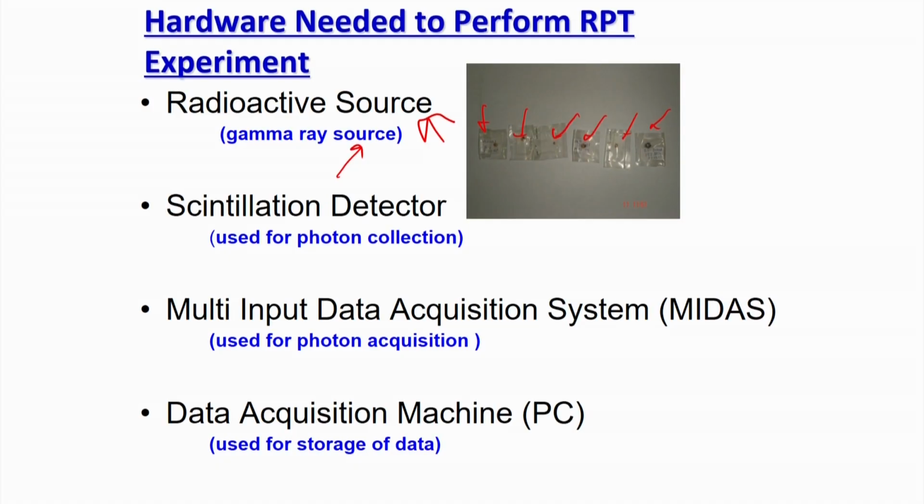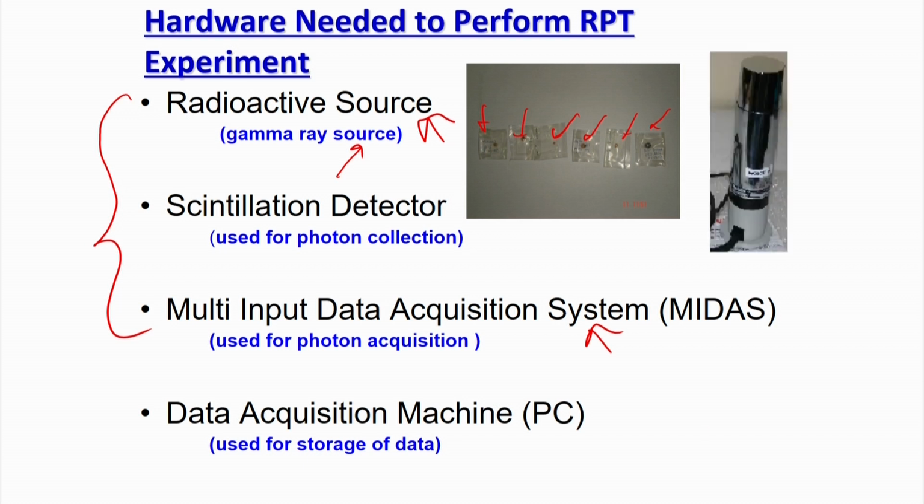Then finally, you require a PC for data acquisition as well as data processing. These are the three main hardware pieces you require for the RPT experiments.